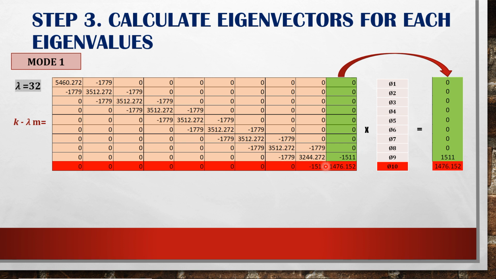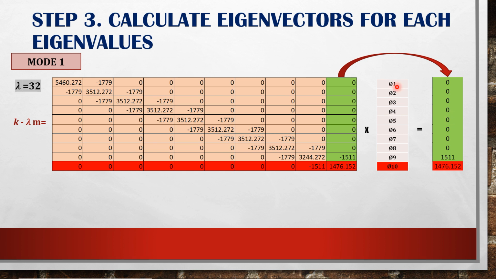So, if we have a value here of one, we can solve for the rest of the eigenvectors. We multiply the inverse of this 9 by 9 matrix, 9 equations with 9 unknowns, to this. Once we multiply, we get our eigenvectors from 9 down to 1.